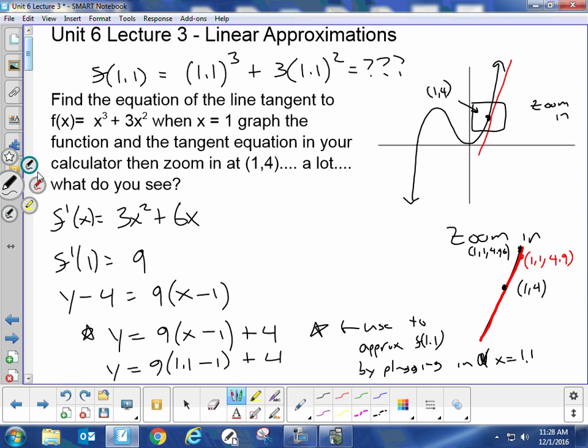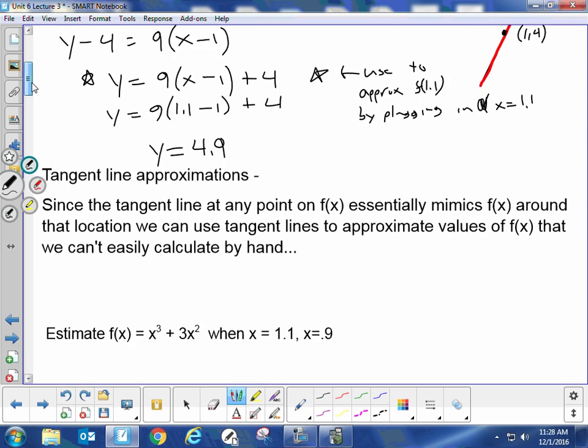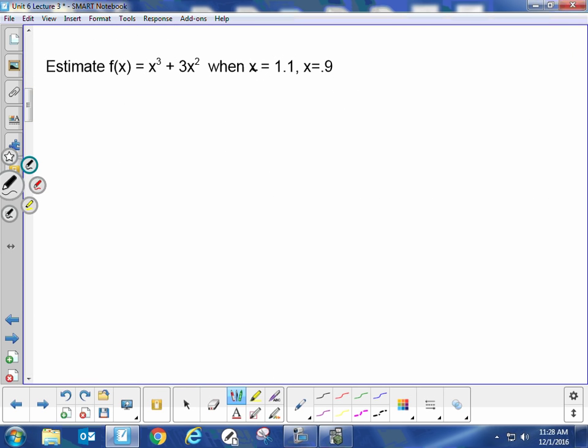Exactly. Yes. I could ask you to approximate f of negative 0.9. Which means I'd plug in negative 0.9 and cube it, plus 3 times negative 0.9 and square it. That would actually probably take me longer than if I tried to do 1.1 by hand.